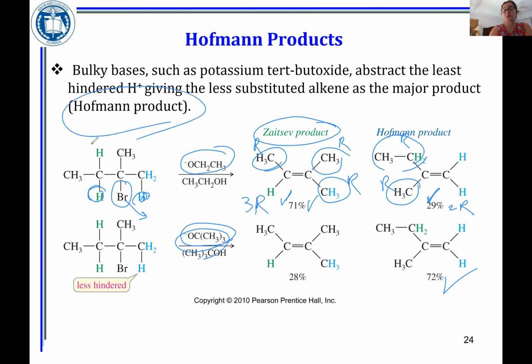So the Hofmann product shows you that you have removed hydrogen from the least substituted position. So why is this effect significant? Because the base is too bulky and cannot reach the middle of the molecule, and it would be easier for a bulky base to come in and remove hydrogen from the less highly substituted position.